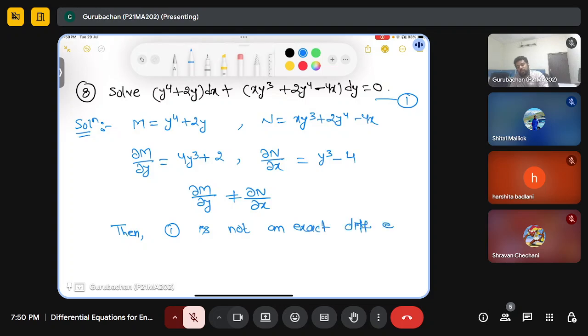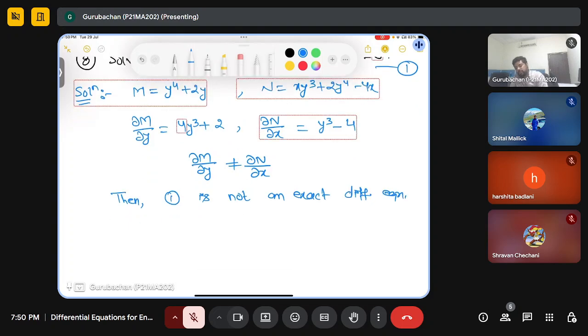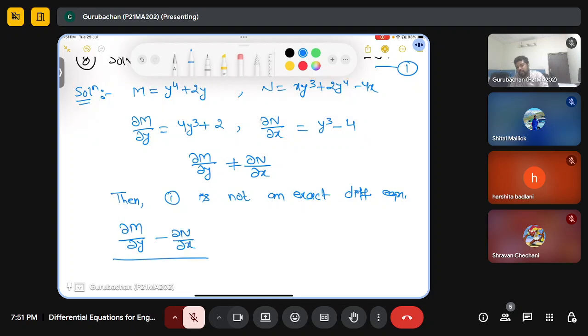As I told you earlier, we need to check del M by del y minus del N by del x, divided by N, which should be a function of x, or del N by del x minus del M by del y divided by minus M, which should be a function of y.